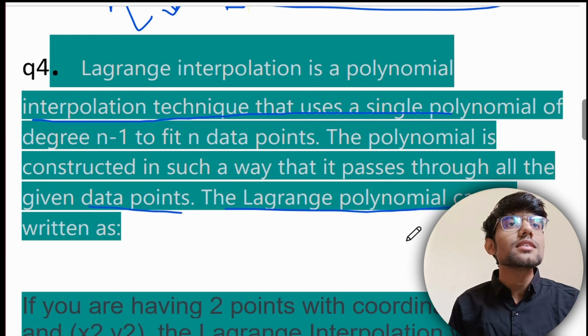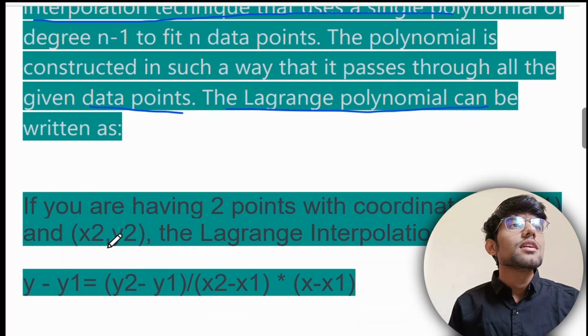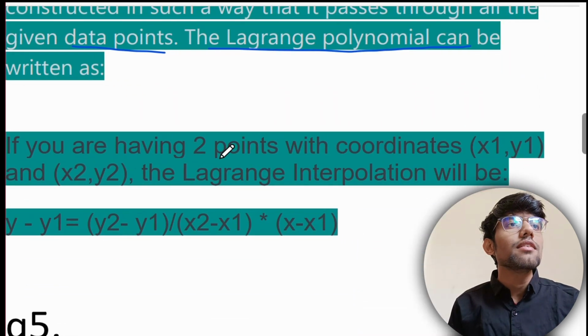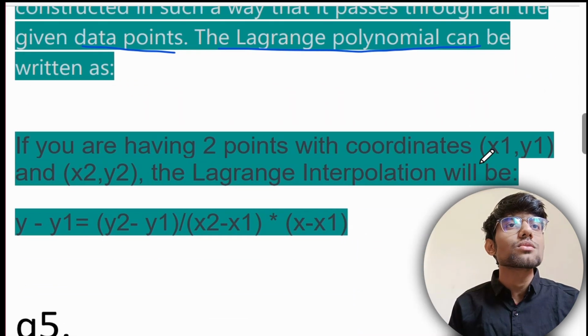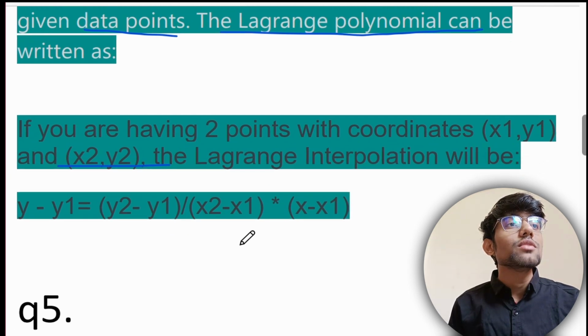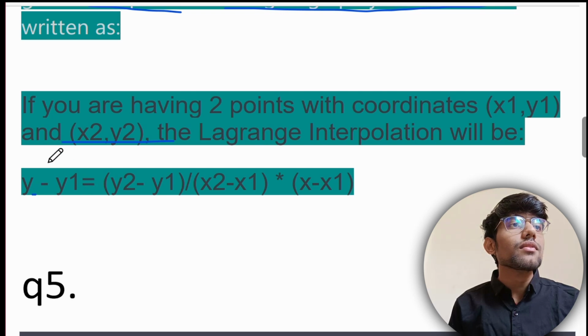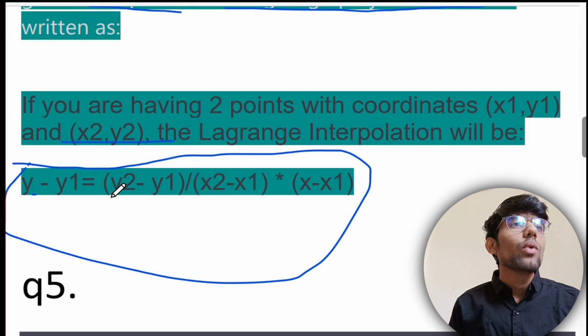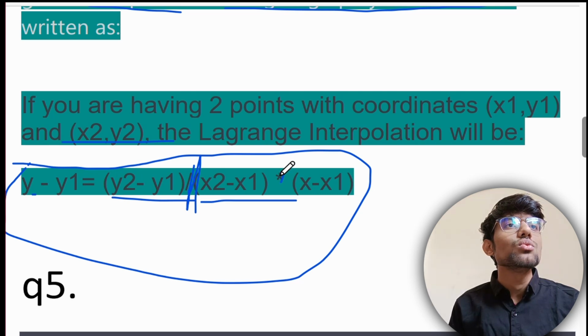The Lagrange polynomial can be written as follows: if you have 2 points with coordinates (x1, y1) and (x2, y2), the Lagrange interpolation will be y1 plus (y2 minus y1) divided by (x2 minus x1) into (x minus x1).